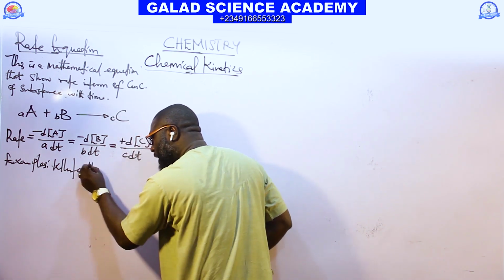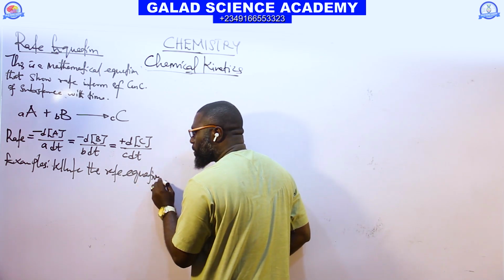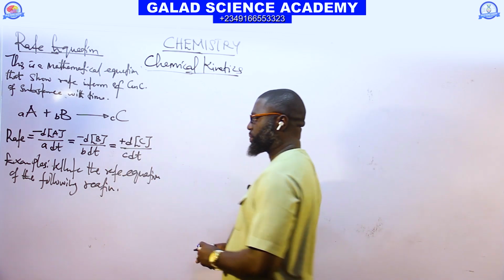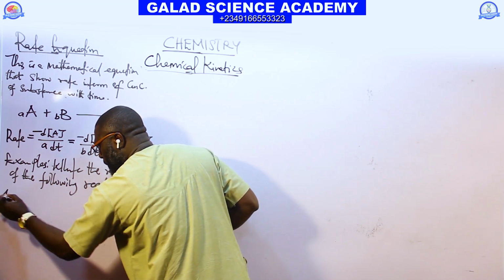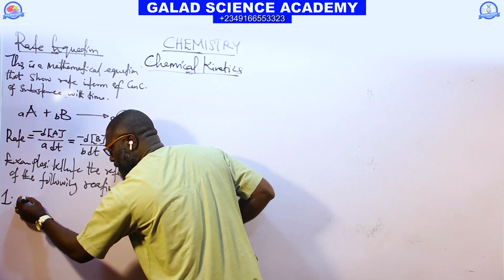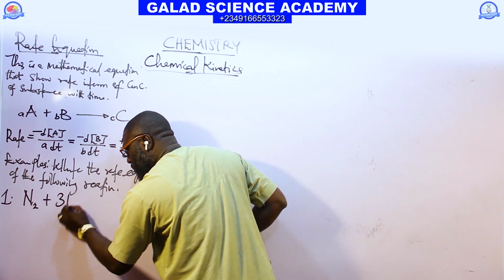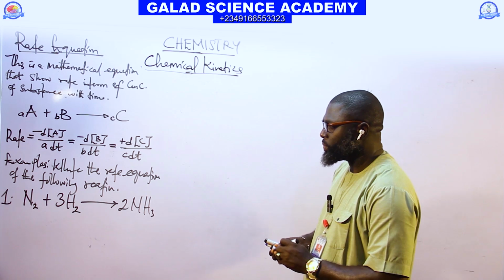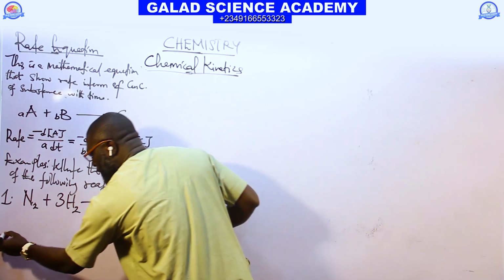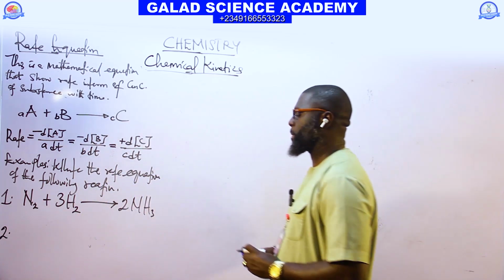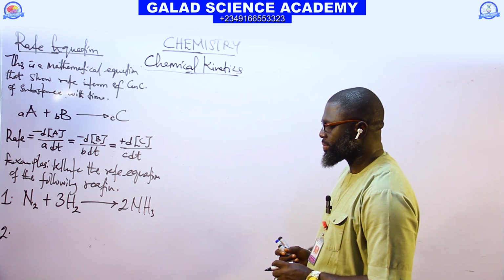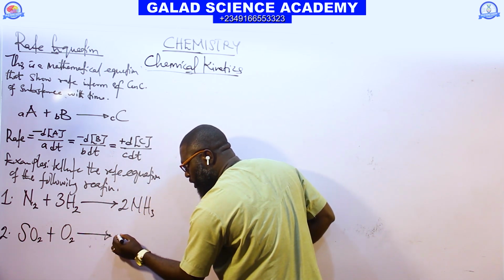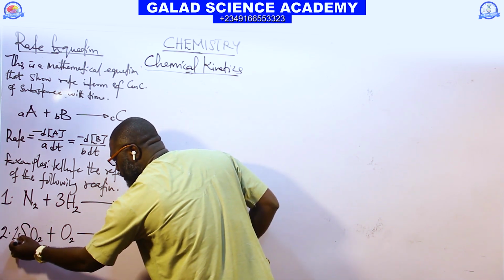Let us solve this example. Write the rate equation of the following reactions. Number 1: N2 gas reacts with 3 moles of hydrogen gas to give us 2 moles of NH3, ammonia. Number 2: SO2 plus O2 to give us 2SO3.